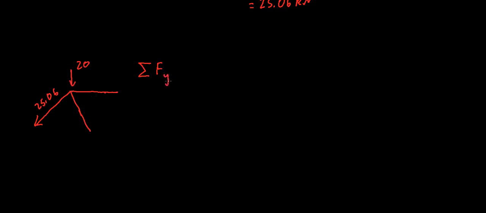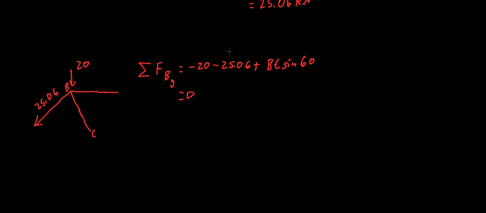So in the y for point B, FBy is equal to minus 20, minus 25.06, plus BC sine 60, which is equal to 0.